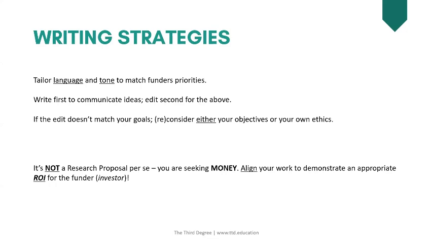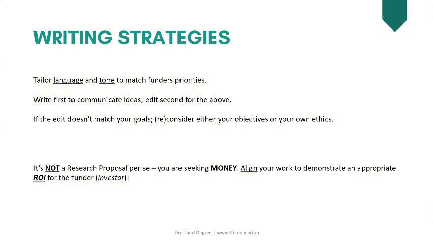Or actually, the third one is I might have to say, you know what, the research is interesting, the organization is interesting, but in order to get the money, I'm not achieving what I wanted to do. And therefore I might say, you know what, I'm not going to apply for this funding.